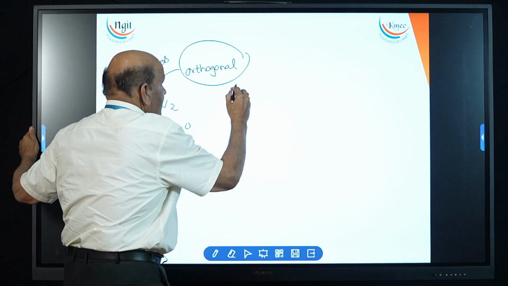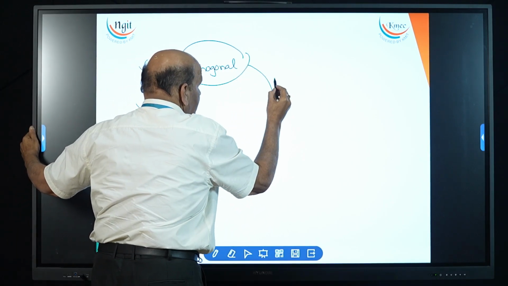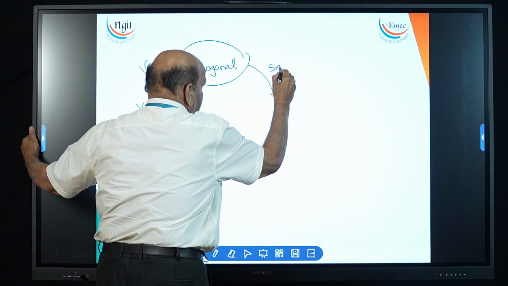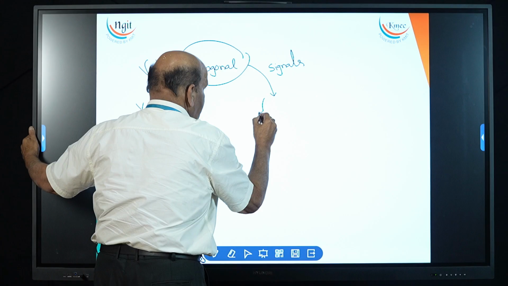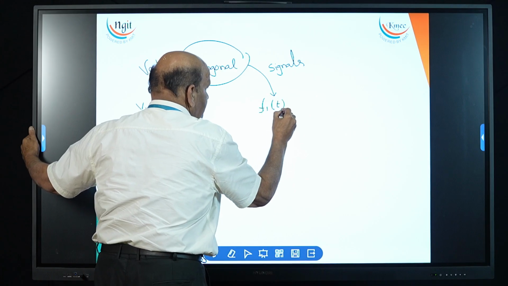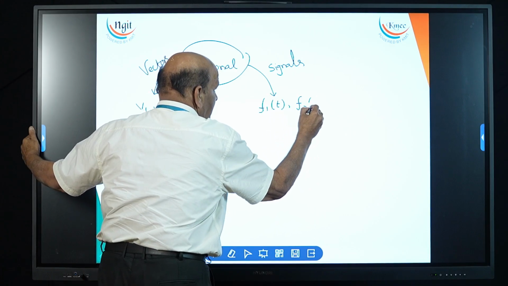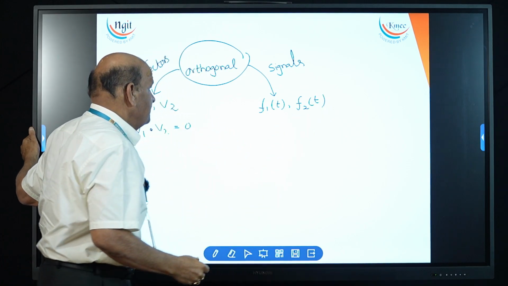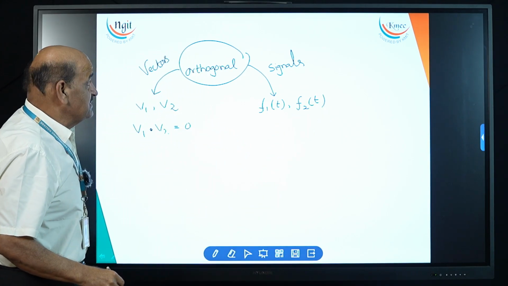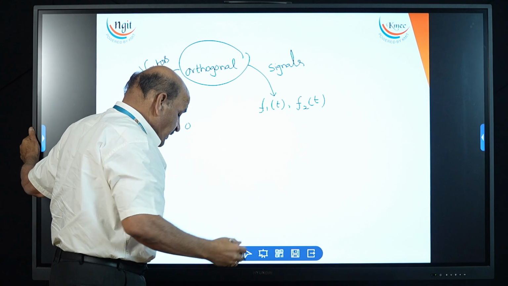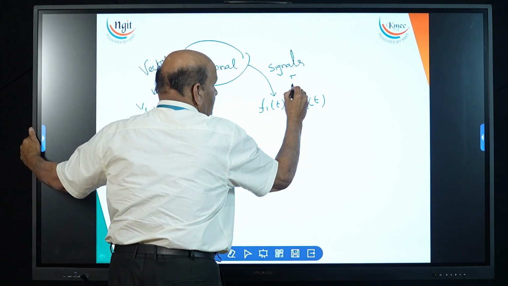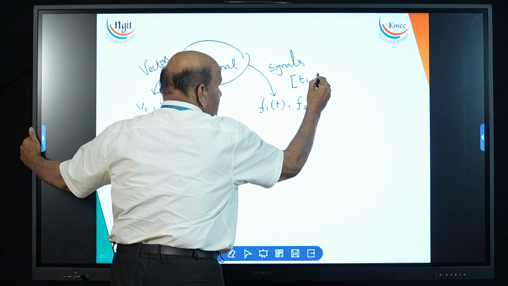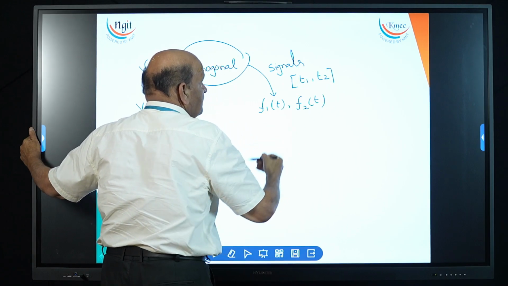Now come to this side. We are using the same principle with signals. Let F1 of t and F2 of t be two signals. Whenever we use the word signal, the signal should be with respect to some time interval t1, t2.